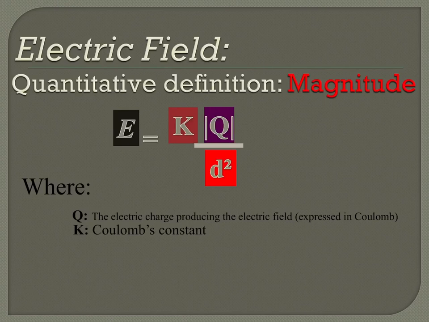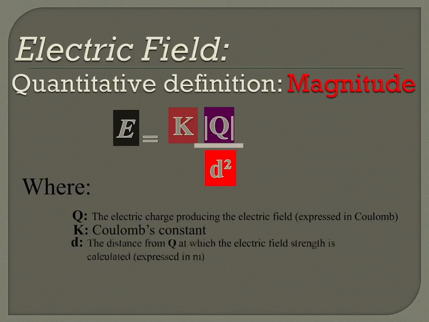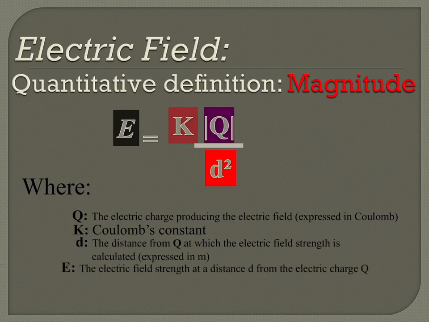We have K, the Coulomb's constant, and of course we have d, which is the distance from capital Q at which the electric field strength is calculated. And finally we have capital E, which is the electric field strength or magnitude at a distance d from the electric charge capital Q.